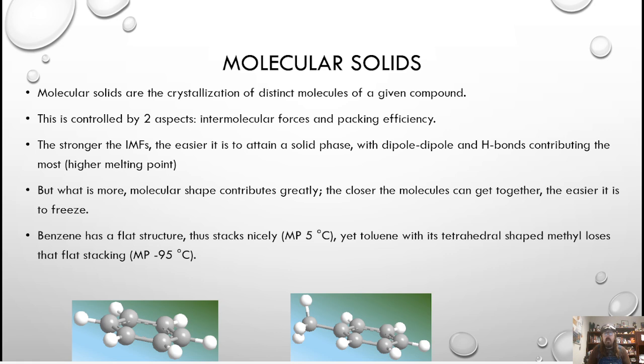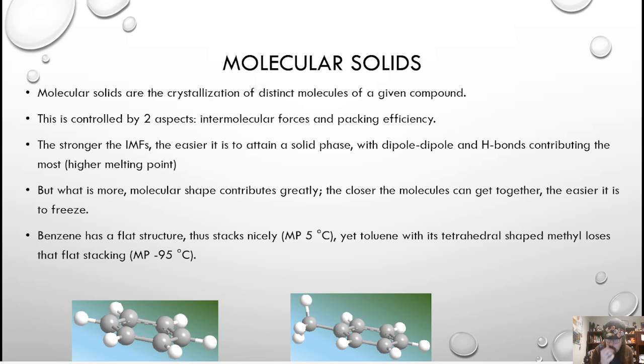Now toluene, its brother, has a C7H8 structure, and should have a higher boiling point because it has more atoms and thus more intermolecular forces. But because of this methyl group, the CH3, that is tetrahedral, it loses its perfectly flat stacking.